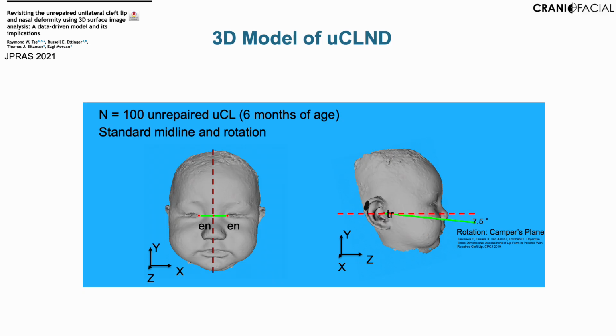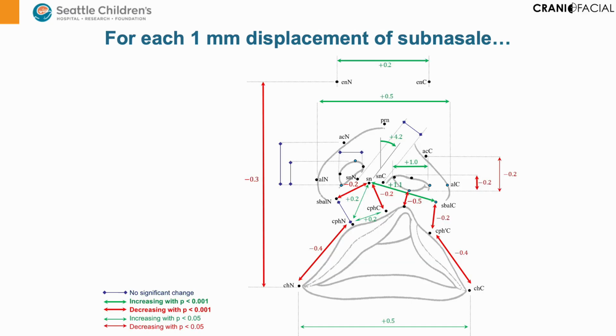If we take that measure of severity to stratify 100 images of kids with unrepaired clefts, we can gain some further insights into the deformity.